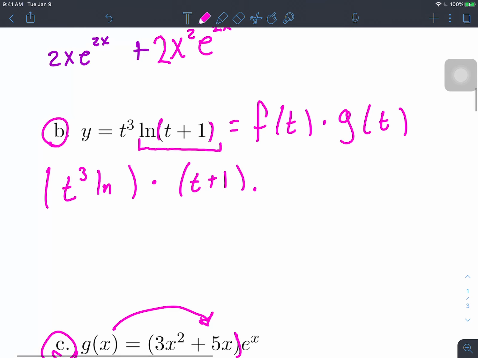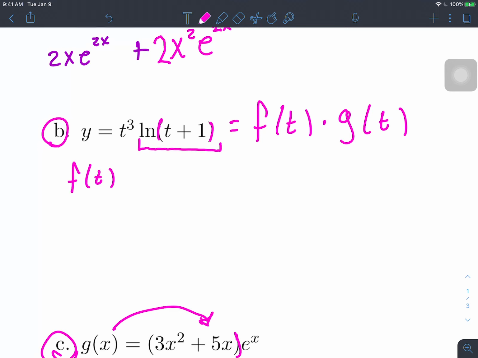So the way that we should split this up, well, let me ask you guys, what do you think are our functions that we should split it up as? Let's start with f of t and g of t, and then we'll work our way from there. What do we think f and g should be? You can give me either or both.